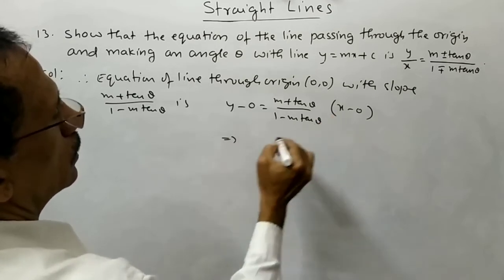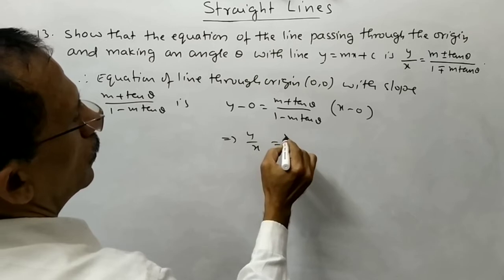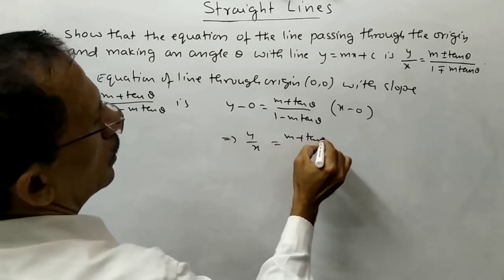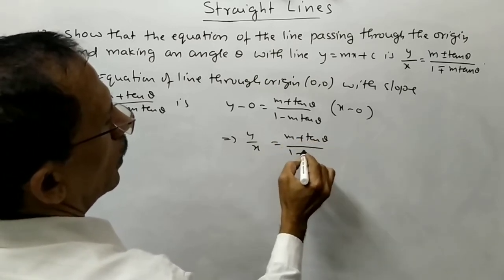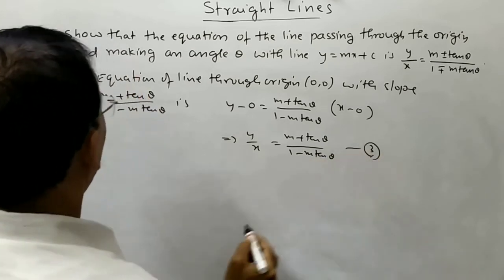This implies y by x is equal to (m plus tan theta) divided by (1 minus m tan theta), say number 3.